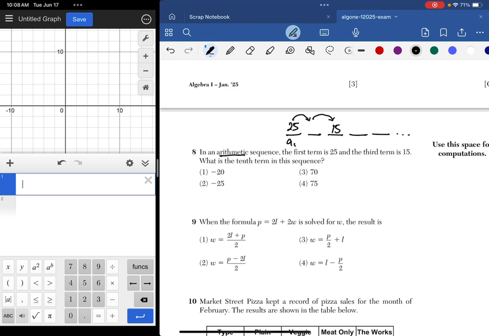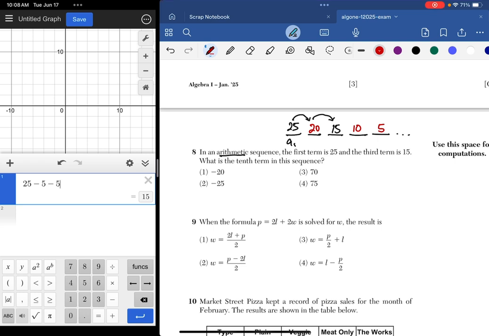All right. So I'm going to take 2 steps to get from 25 to 15. So I can just kind of guess and check and say, okay, well, I suppose if I subtract a 5 twice, that'll get me to a 15. So my second number here would be 20, 15, 10, 5, touchdown.